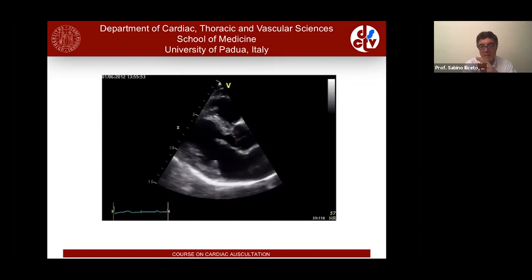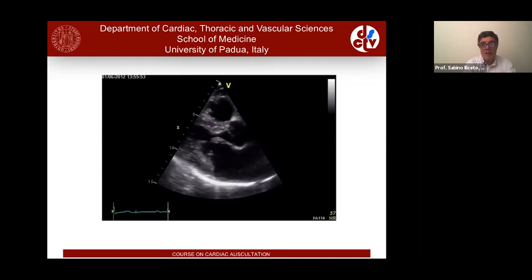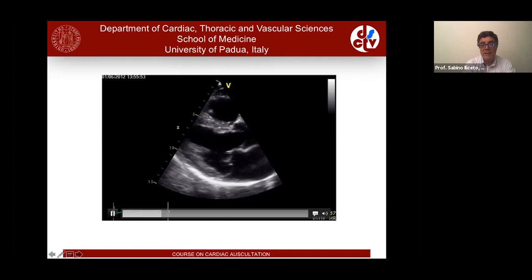So, having said this, this is a typical echocardiographic example of mitral valve prolapse. You have a very nice billowing of the posterior leaflet. I shall not discuss these things now, but one day perhaps I shall explain that the most important finding in mitral valve prolapse is this movement called curling.